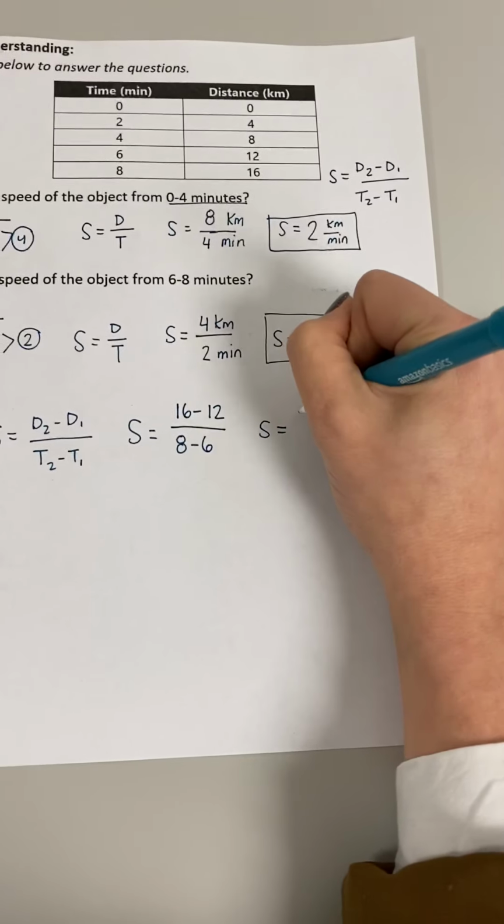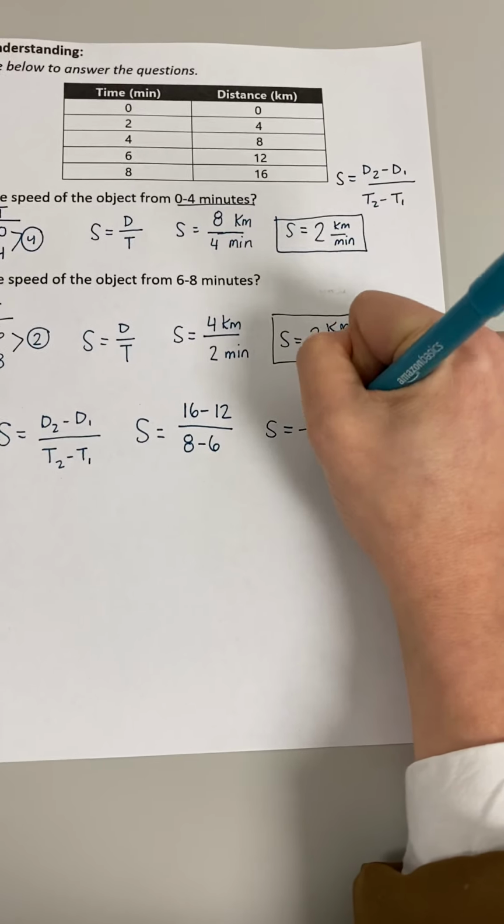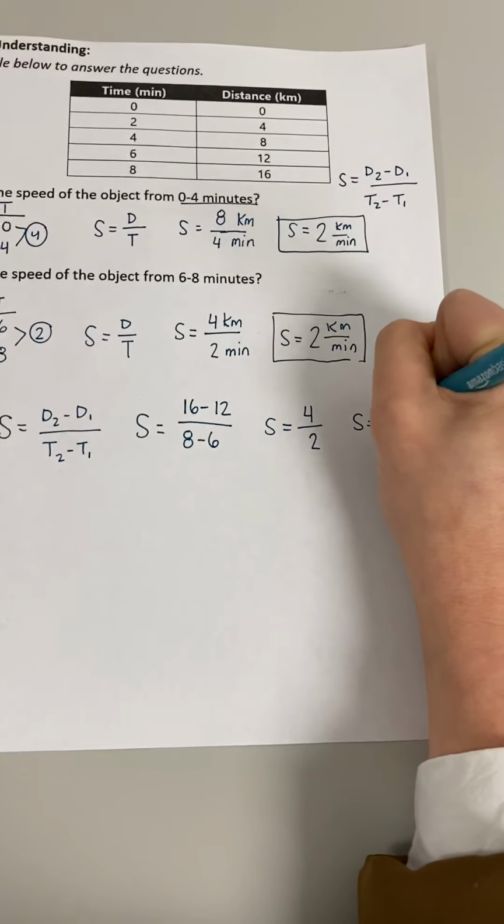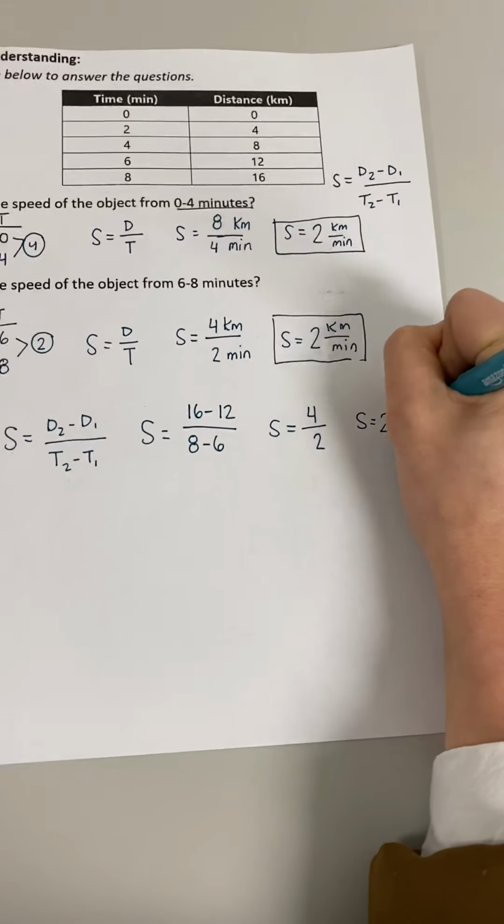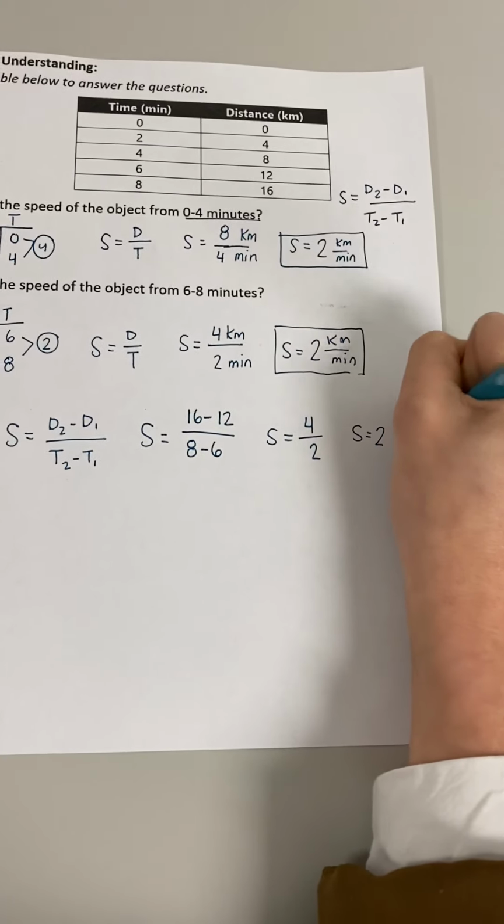Speed equals 4 over 2. Speed equals 2 kilometers per minute.